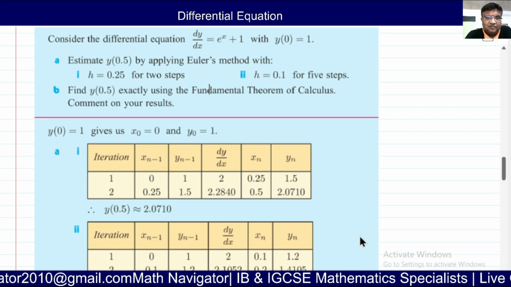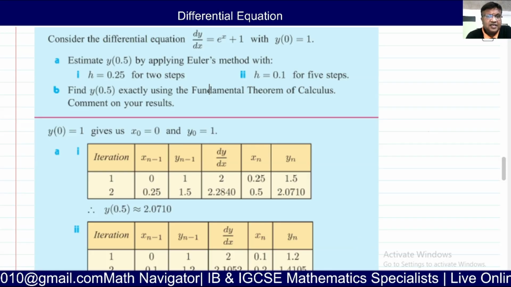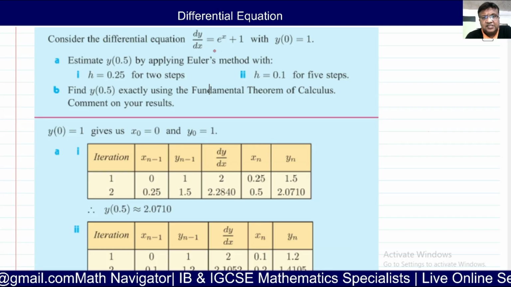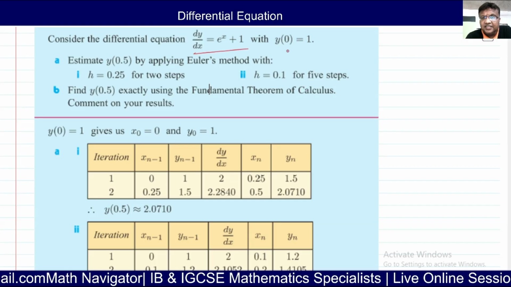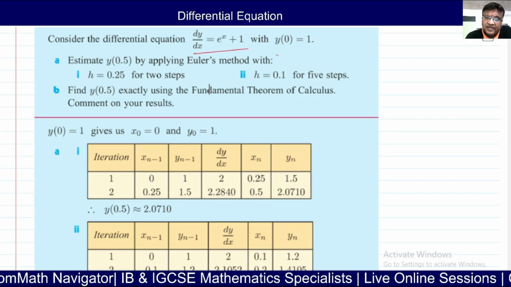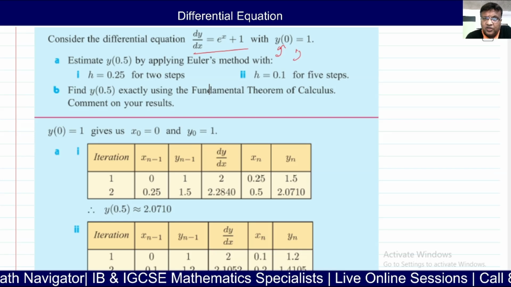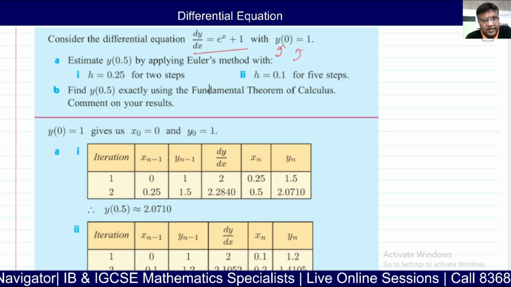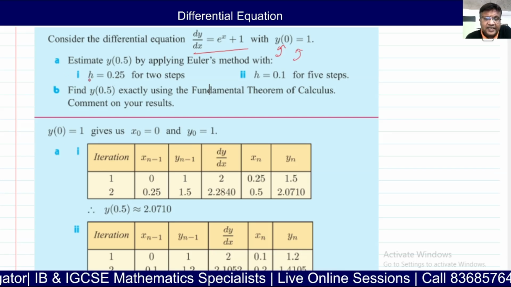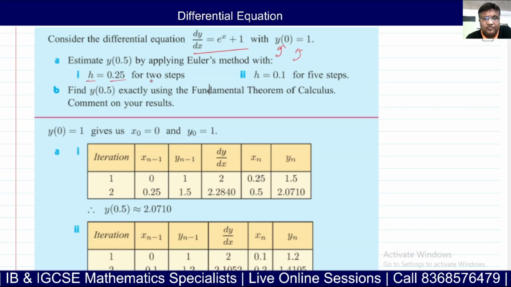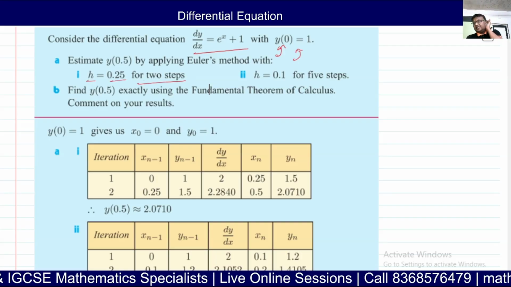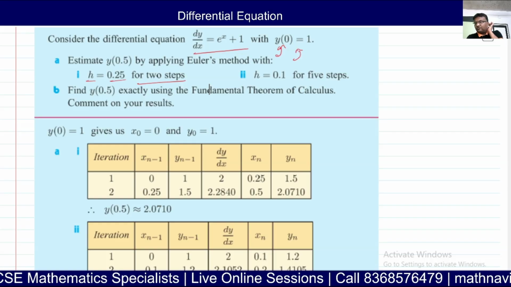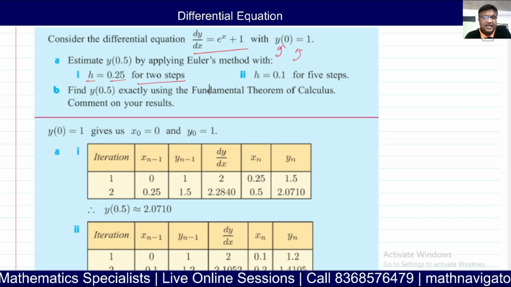But how do we solve it? They are saying this is my differential equation, and the initial condition is when x is equal to 0, y is equal to 1. Got it? So you have to take h is equal to 0.25 for 2 steps. That means you have to take 0.25 as your dx, and it has to be for 2 steps.